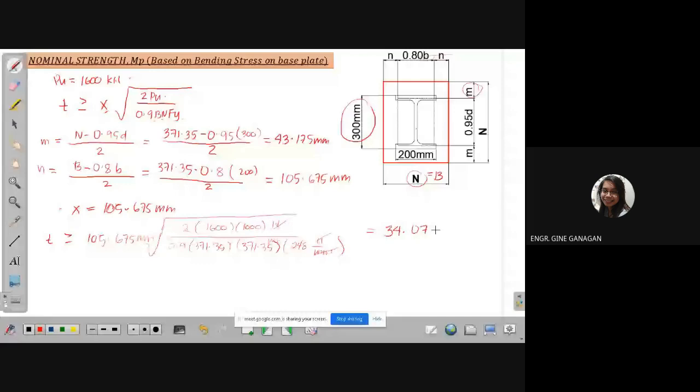So, yung magiging sagot natin, meron na tayo T, meron na tayo B, and meron na tayo N. So, the dimension of our base plate is equal to 371.35 by 371.35 by 34.07 mm. Okay. So yan yung magiging sagot natin for number 1.